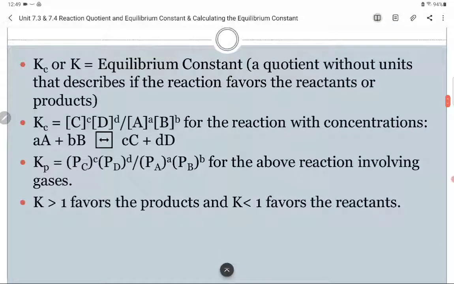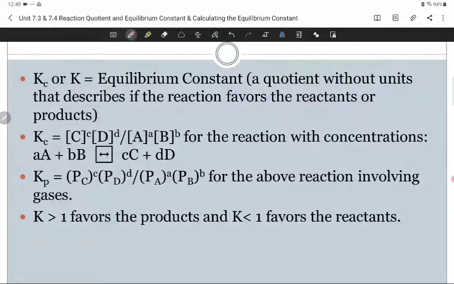Okay, and again, I had mentioned that you can calculate K with that same idea. Those concentrations raised to the power of their coefficients, or if it's Kp, pressures. Now this is a very nitpicky item here, but if you were asked to write the K expression for a chemical reaction, and you were told to write a Kc expression, you must use brackets.